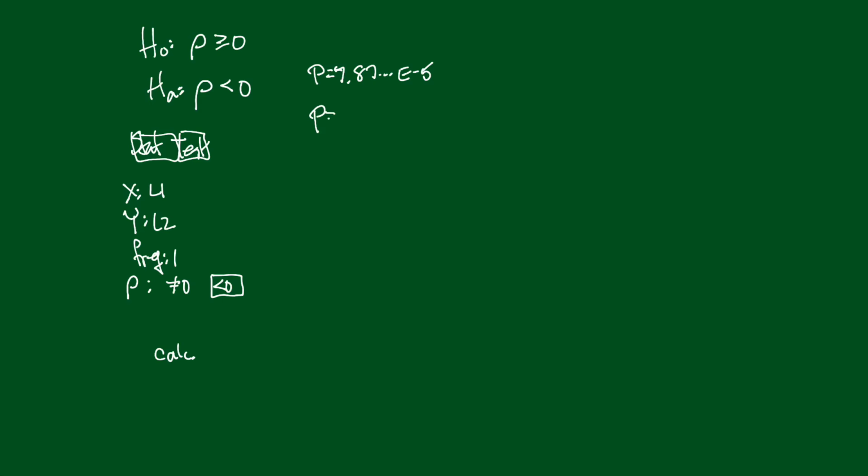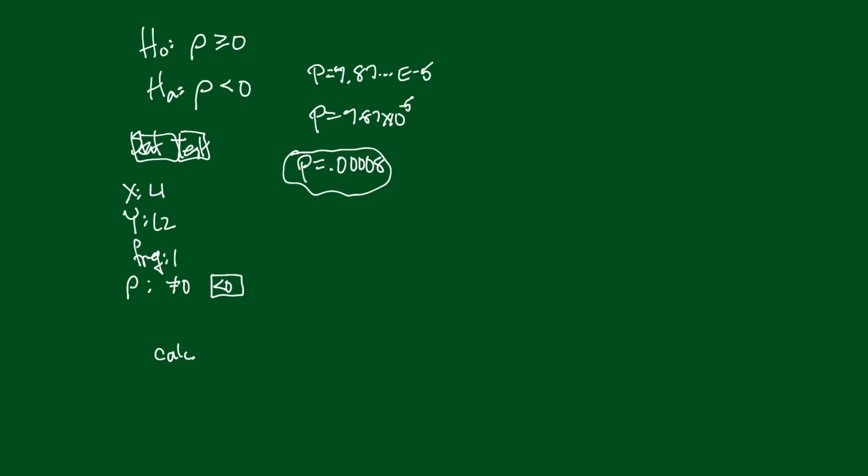So p is equal to, well actually it's equal to what? 7.87 times 10 to the negative 5. And to get that decimal point right there, we must have moved it 5 places to the right. So let's get it out 5 places to the left. So p is equal to point, I need 4 zeros, and then 7, 8, what if I just round it off to 8? Okay, there's our p-value.